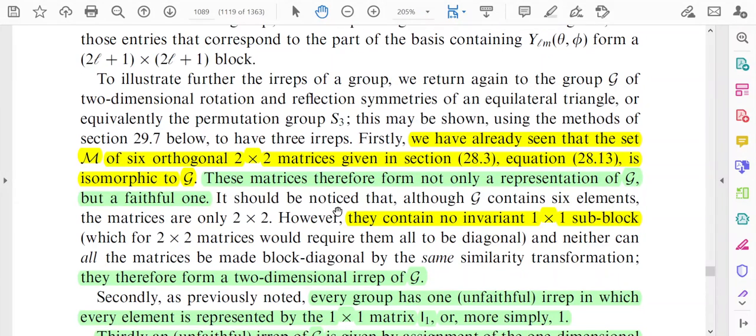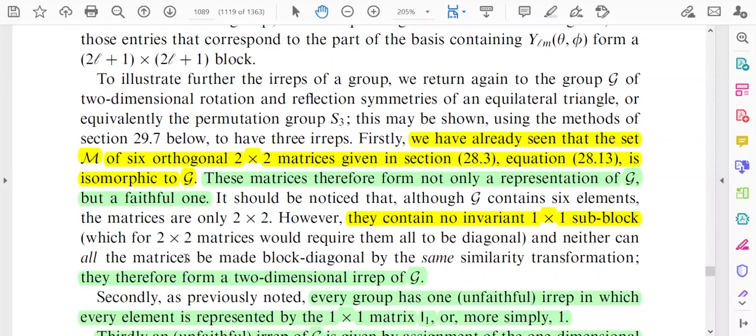It should be noticed that although G contains 6 elements, the matrices are only 2 by 2. However, they contain no invariant 1 by 1 subblock. We have already discussed the significance of the 1 by 1 subblock.